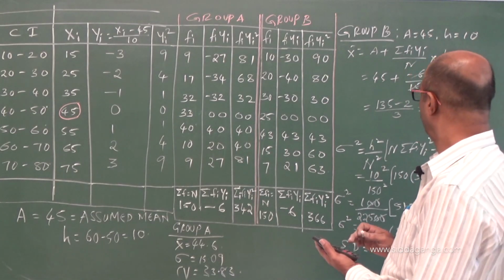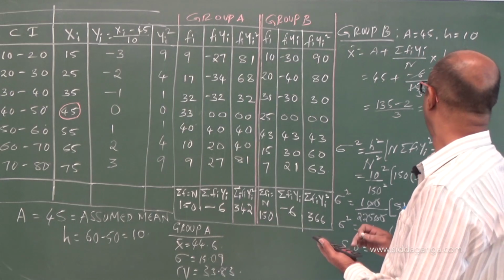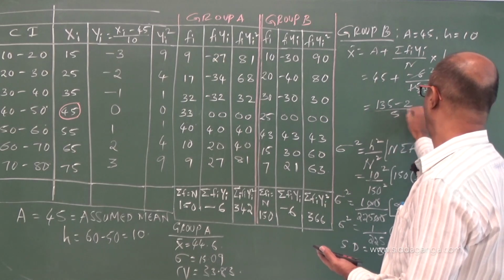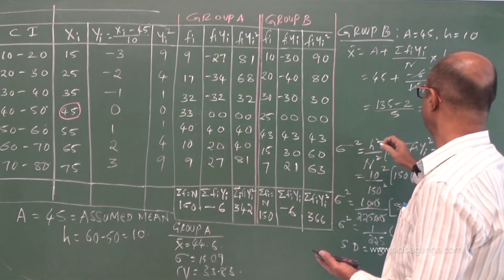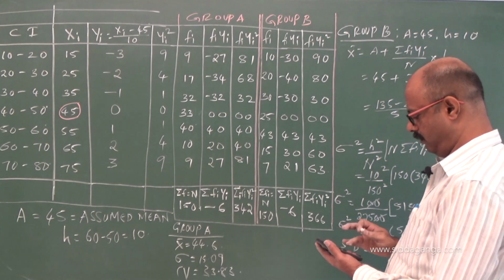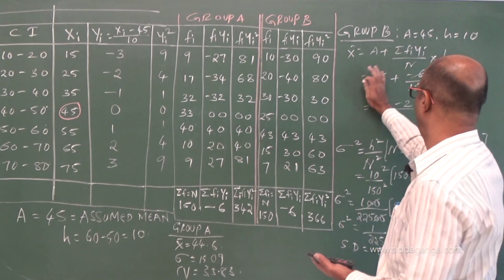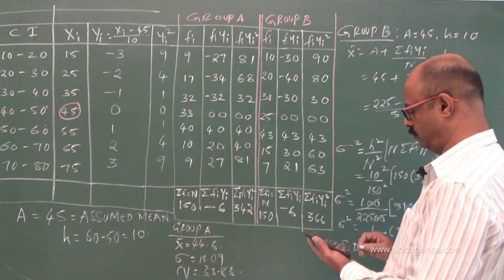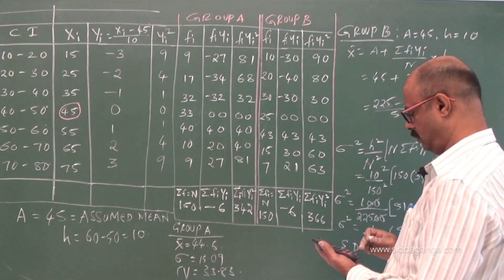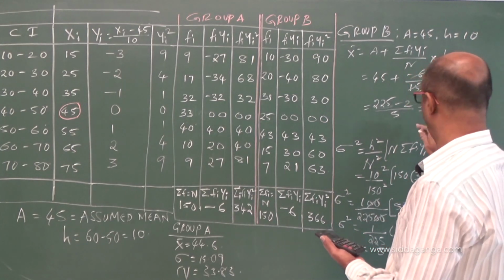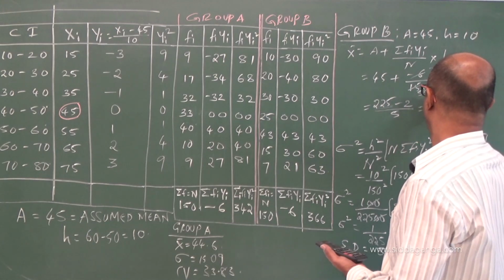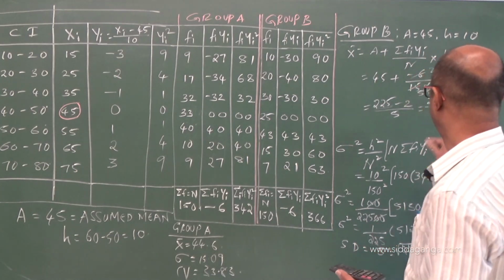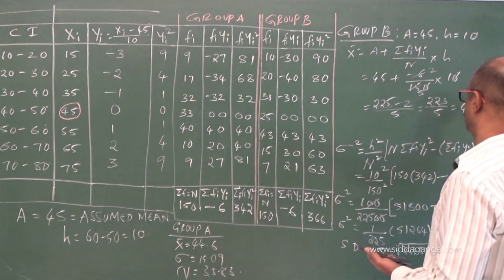45 into 3, 3 5s are 15, and the denominator is 5. So 45 into 5, you will get 225. 225 minus 2 is equal to 223. 223 divided by 5, you will get 44.6.